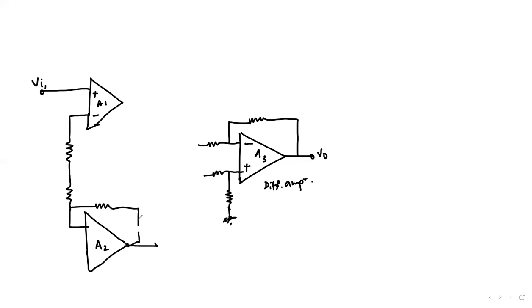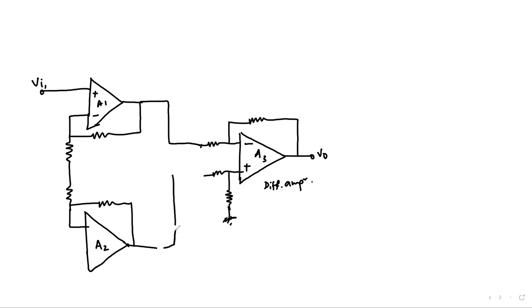And if we closely observe this, we see that we have this resistor. Let's draw it properly so that we don't have any problem in analyzing the circuitry. And we have this feedback to both of these. And these 2 outputs of these amplifiers are connected to this 3rd operational amplifier right over here.